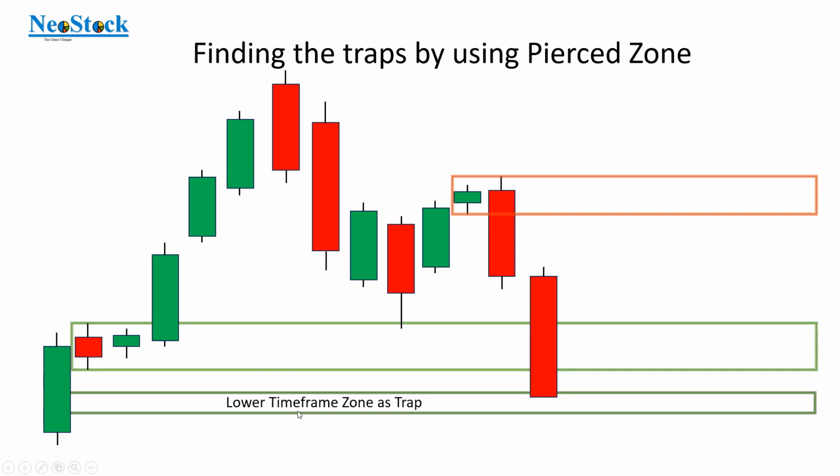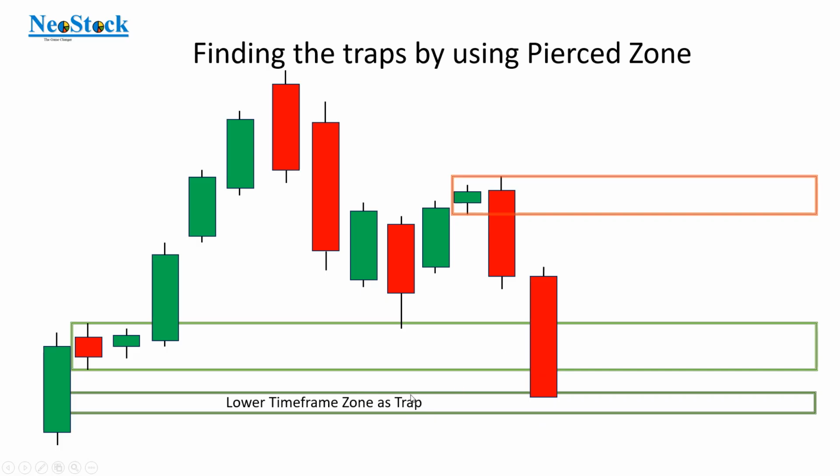So any lower time frame zone that is holding this price and then pushing it back, your focus should be on that zone. Now you will be missing the opportunity. Of course, you may get this opportunity before prices enter this zone. If you analyze and believe this could act as a trap, then you can focus on it and plan a trade.